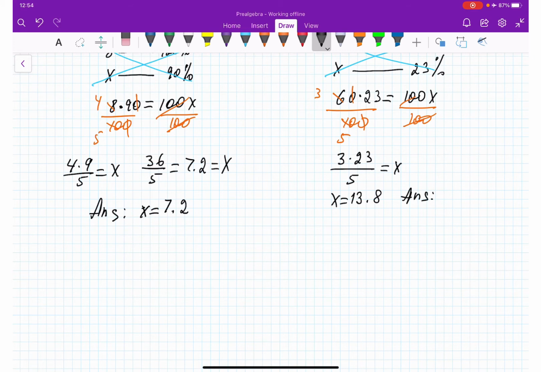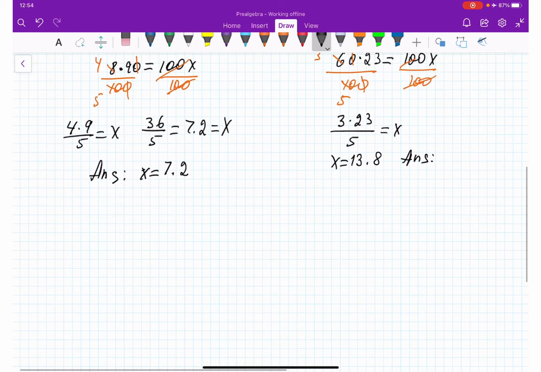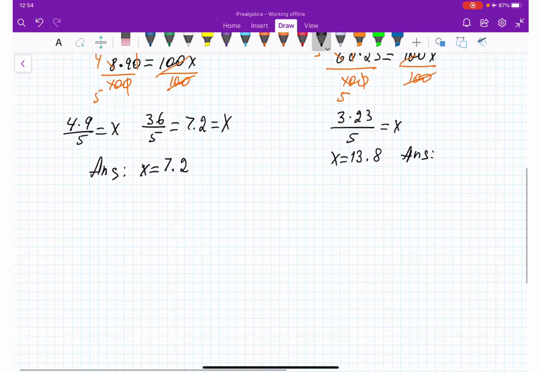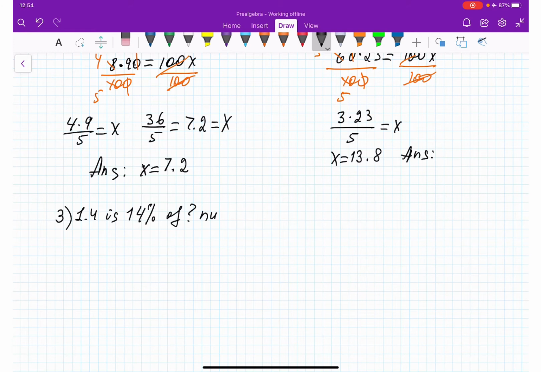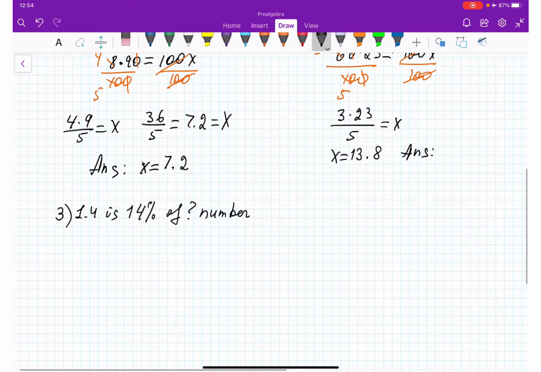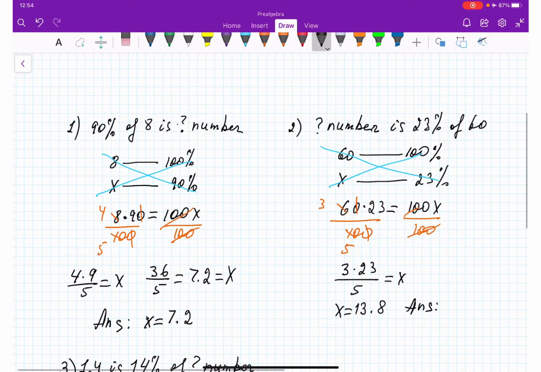Next question. Question number 3. 1.4 is 14% of what number? Okay, so again, this is a little bit different, right?